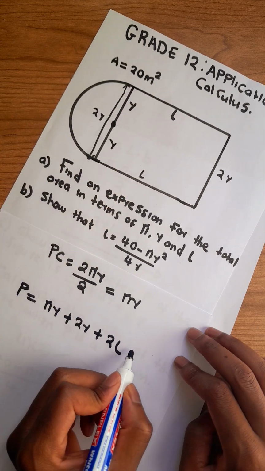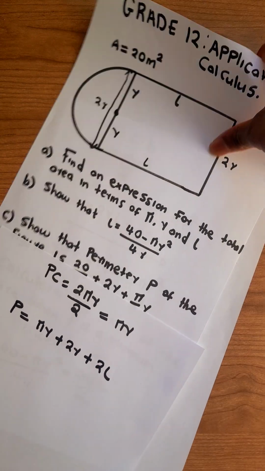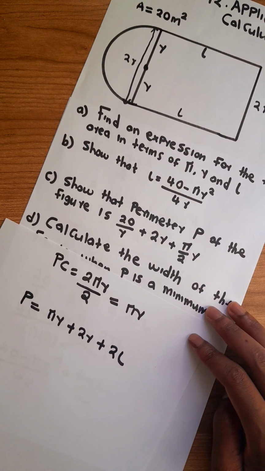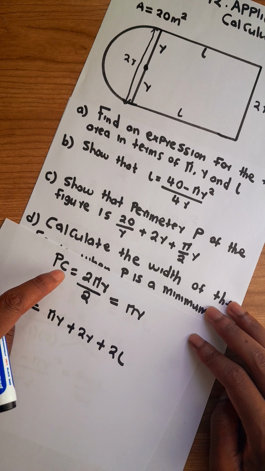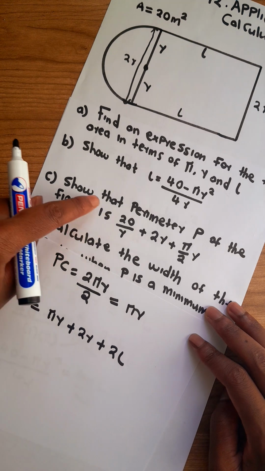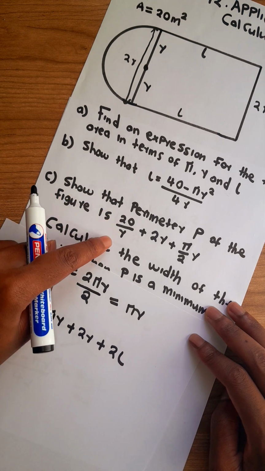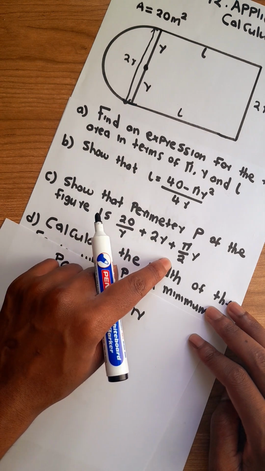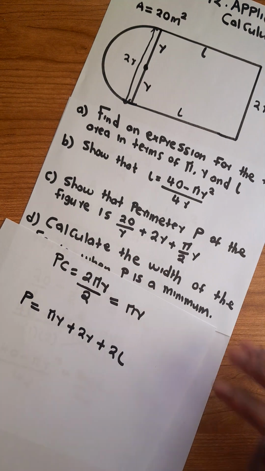So let's see what the perimeter is given by. It is given by 2r plus pi r, plus 2L.